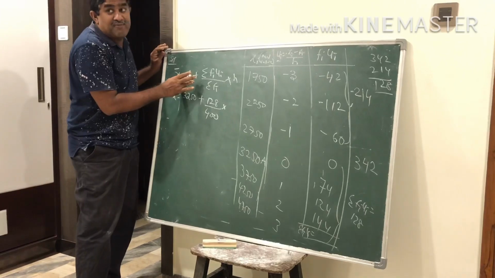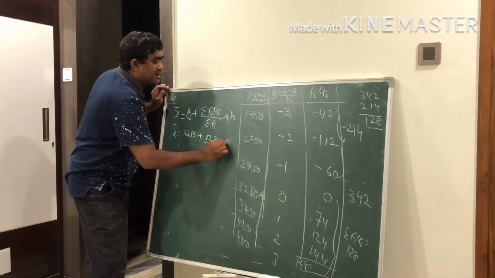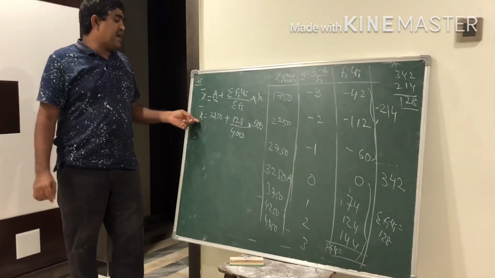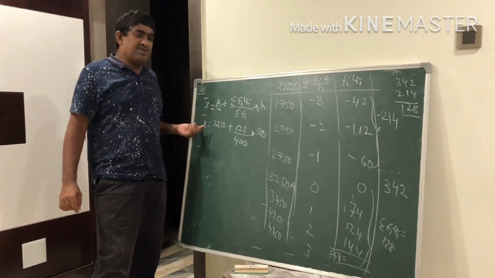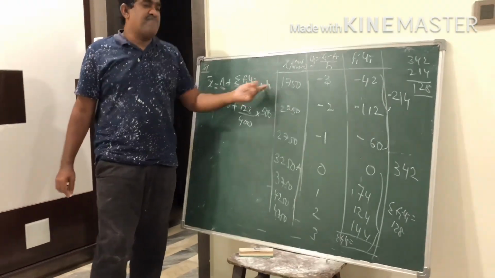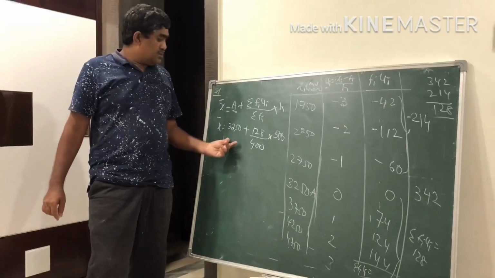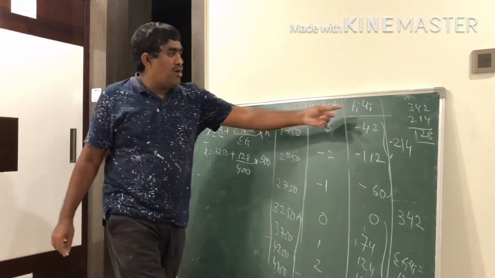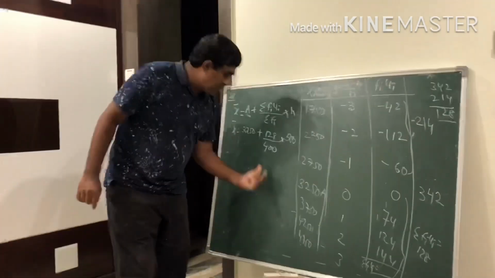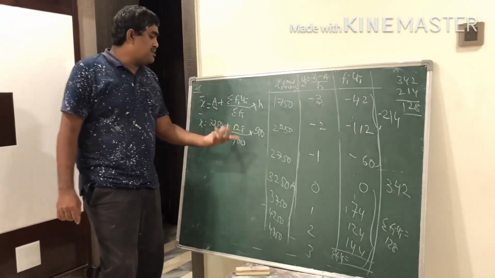Your length of the class interval difference is 500. Understood, children? How to substitute? X bar, mean is always denoted like this: a plus sigma fi mu i by sigma fi into h. A is the assumed value in the mid value. Sigma fi mu i, already we have completed the task. Sigma fi, you know the total frequency. H is the length of the class. Simple. Solve this.